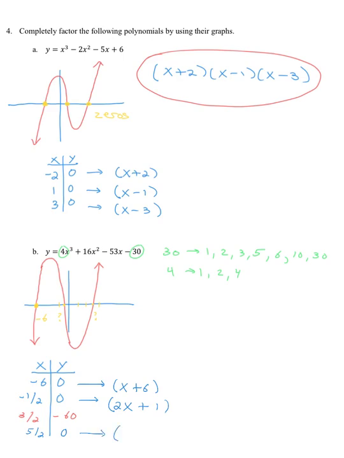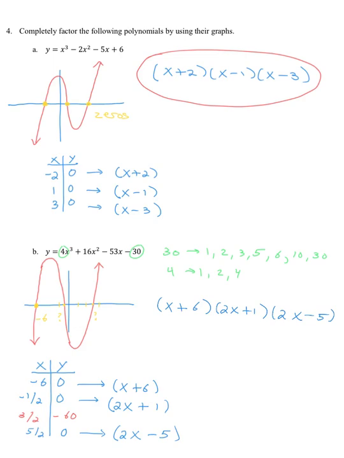And likewise, it's got to be x minus 2, but that's not correct, that's x minus 5, and since there is a 2 in the denominator, that goes in front of the x. This means my equation factors as x plus 6, 2x plus 1, and 2x minus 5.